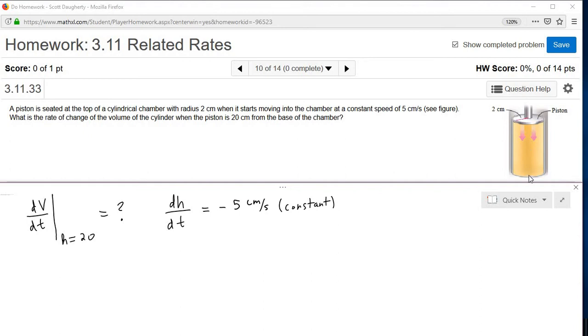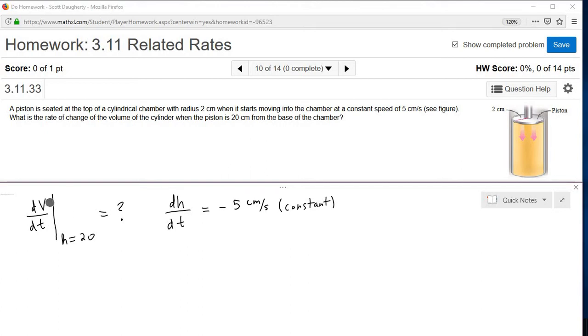Regardless of what time you're looking at the cylinder, the rate at which this little circular piece is moving into the chamber is always 5 centimeters per second, and of course it's negative because you're losing height. So these are the rates of change: this is the one we're trying to find, and this is the one that we're given. What you should do next is try to find an equation which would describe how these two rates are related.